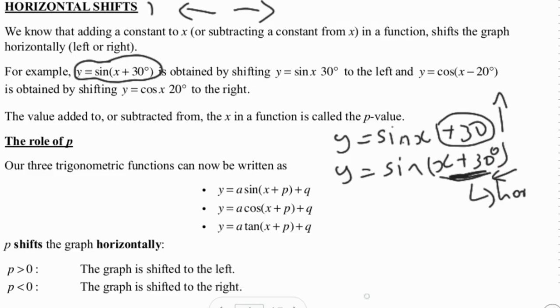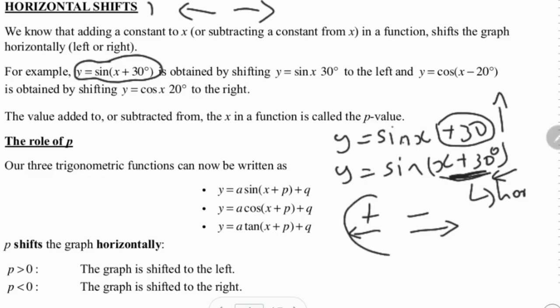With a horizontal shift, a plus indicates a movement to the left and a negative indicates a movement to the right. It's unlike your vertical shift, where negative is down and positive is up. Naturally you would think negative is left and positive is right.